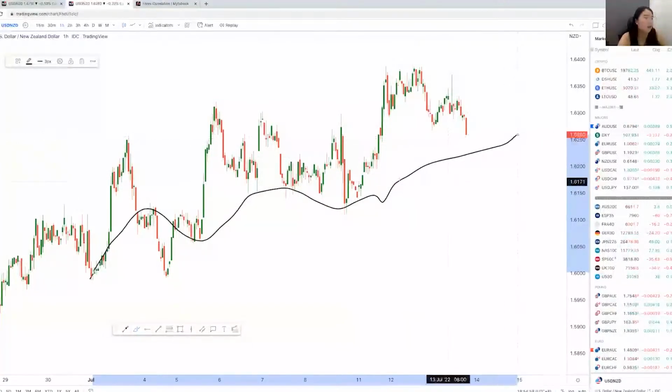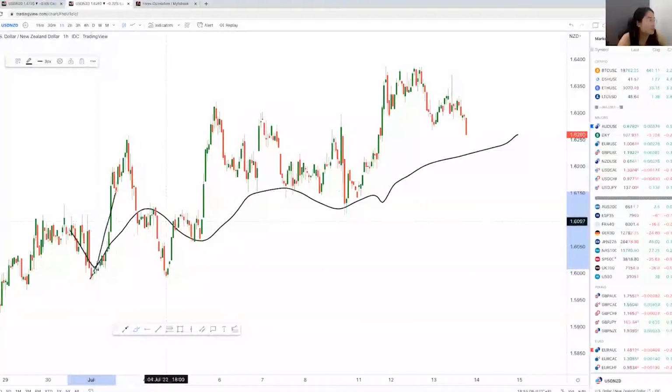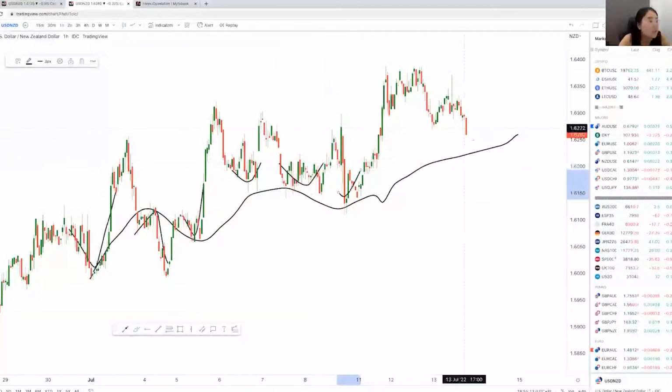Let's say I found the settings and this is the moving average that I think fits best. Why? Because price came here, bounced, came here, reversed, came here, bounced, came here, bounced, came here, bounced. So when price comes to my moving average again, I expect it to bounce again.